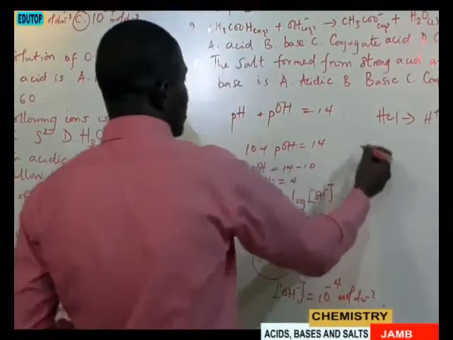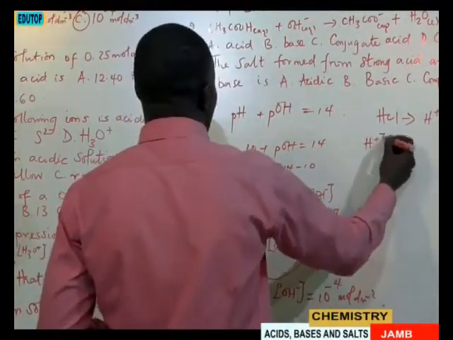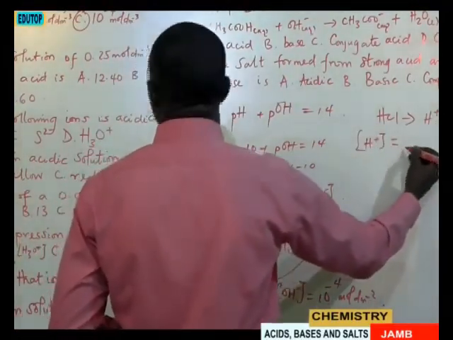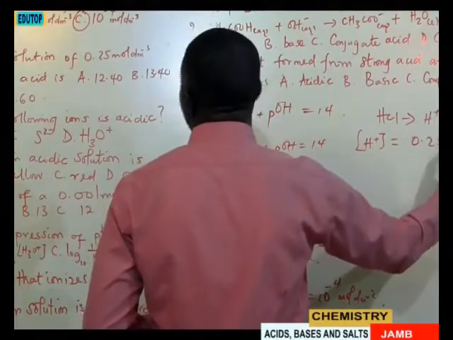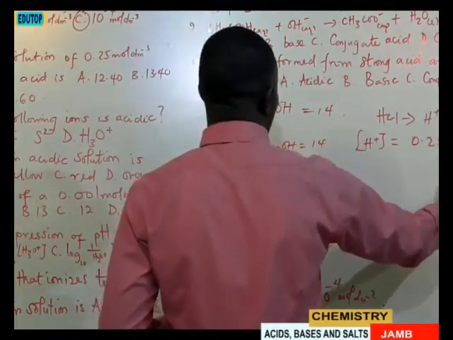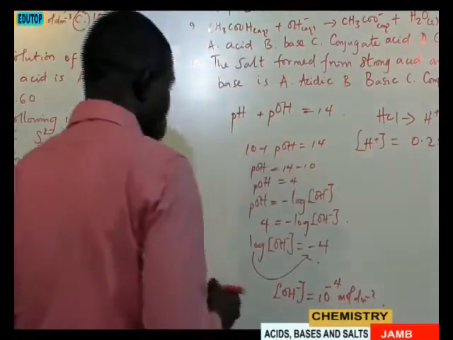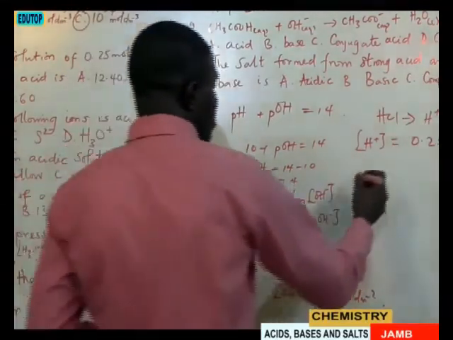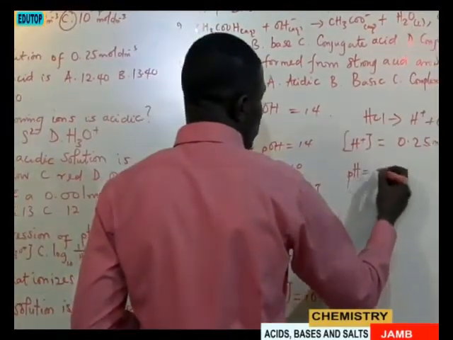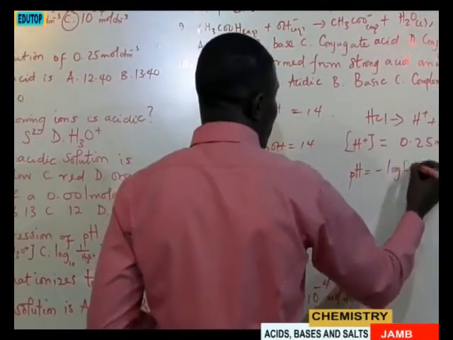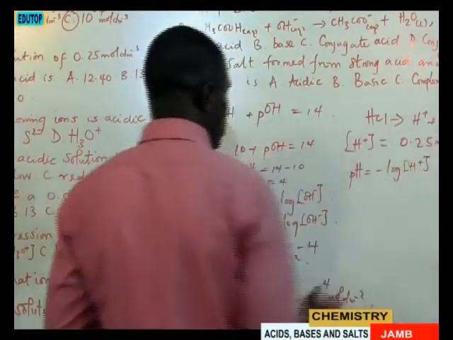So the hydrogen ion in that system has been given to be 0.25 mole per dm³, which is also known as what?